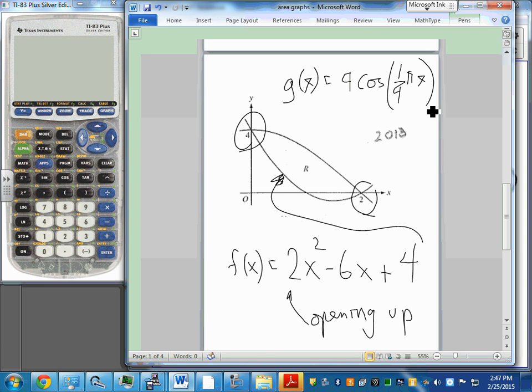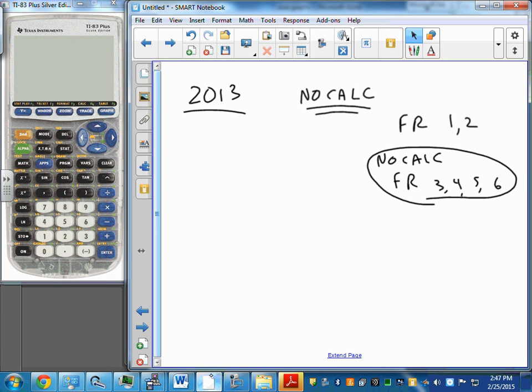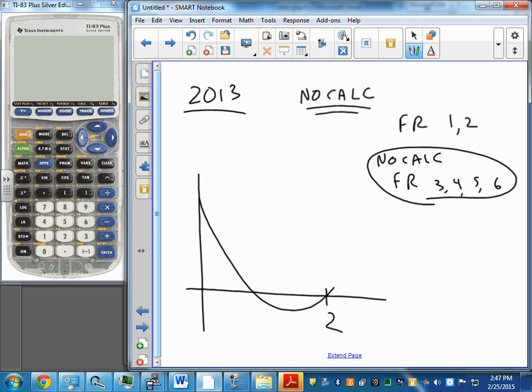And we have no calculator, and yet we're supposed to find the area of this region. Okay, so because there's no calculator, my guess is that the integration is going to be pretty easy to do. We've got our parabola going like that, and this is 2, and this is 4. Okay, and we have our curve, our cosine curve, going like that. This is given as the cosine, right?